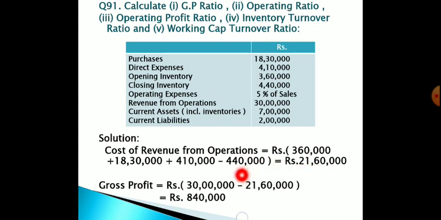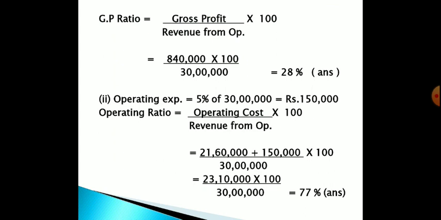Here the gross profit is revenue from operations 30 lakh minus cost of goods sold or cost of revenue from operation 21,60,000, that is equal to 8,40,000. So the GP ratio is equal to gross profit by revenue from operation into 100, that is 8,40,000 divided by 30 lakh into 100, equal to 28%.